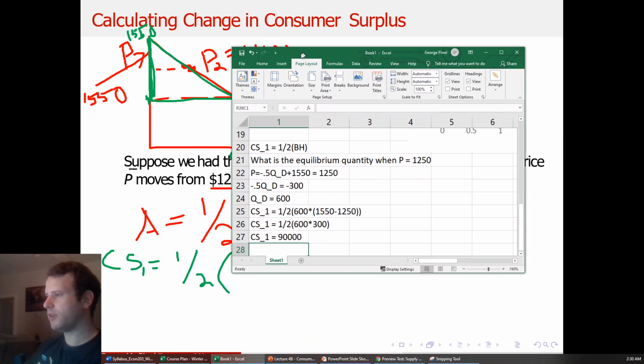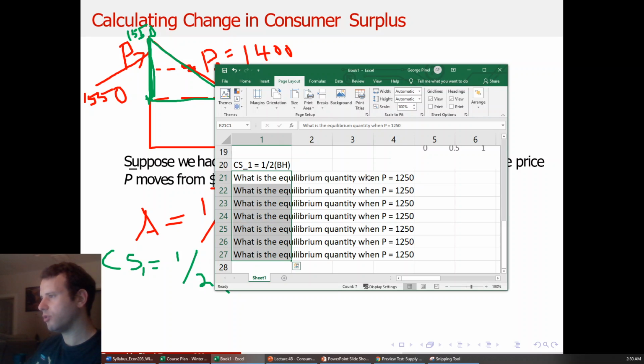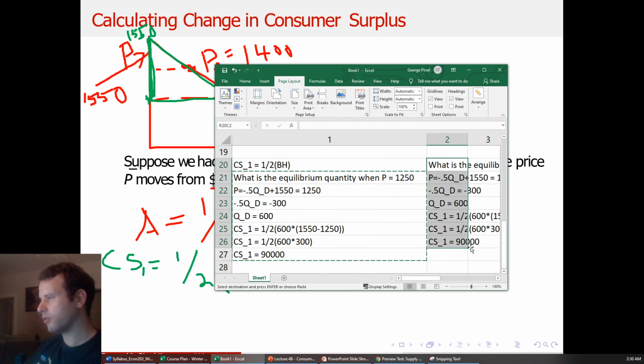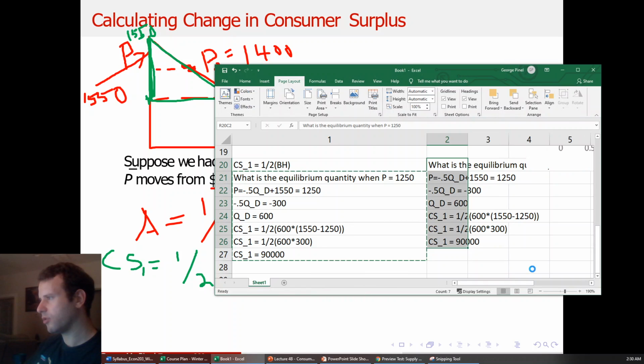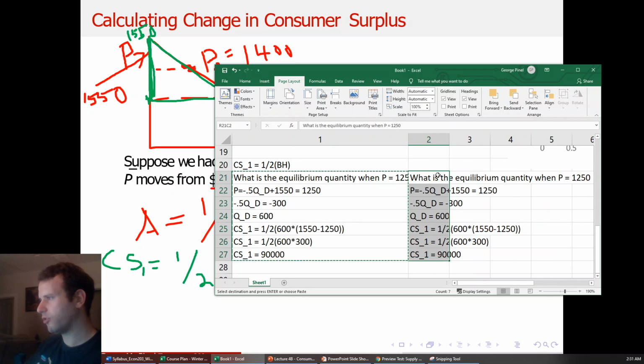What about when price is $1,400, the new price?